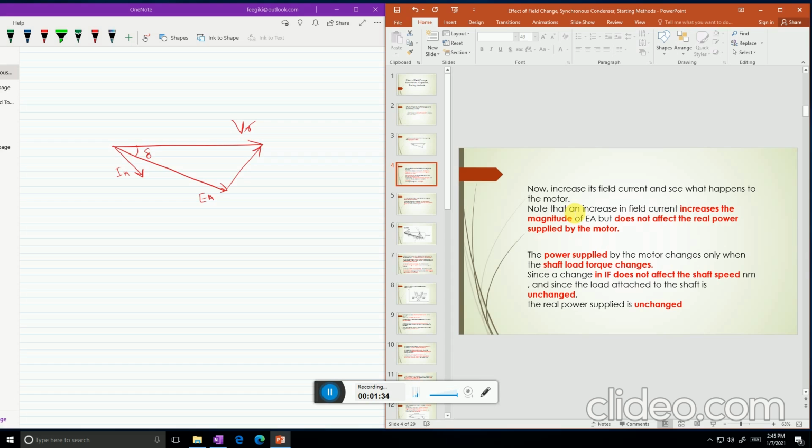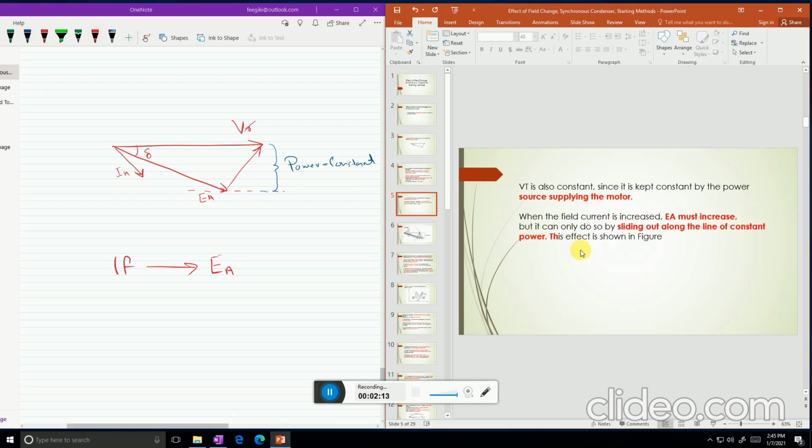As we know, if we increase the field current, the EA will increase. We already studied that. So this EA will increase in such a way that this straight line representing the real power supplied by the motor will remain constant. So when we increase IF, EA will increase in such a way that this portion remains constant.